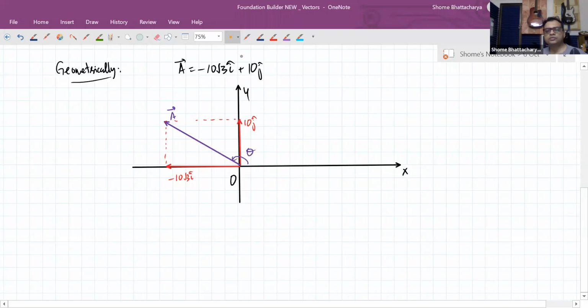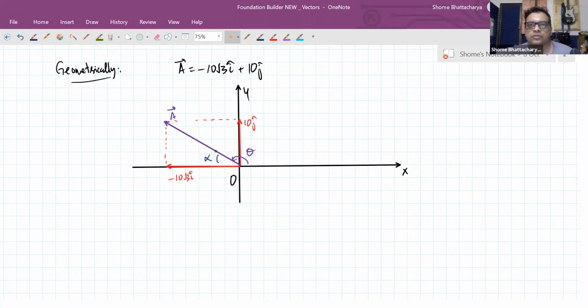Now we can simply say that let this small angle here be alpha.